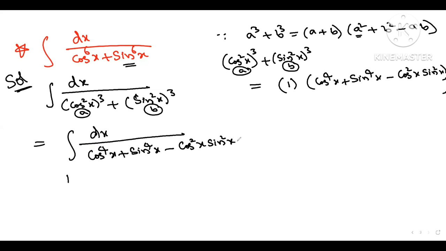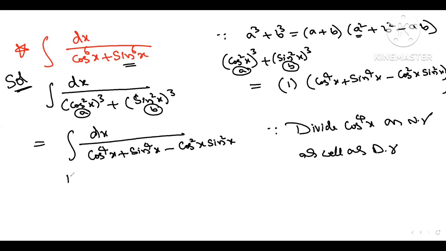Okay, this kind of problems, we should divide by cos to the power 4x or sin to the power 4x on numerator as well as denominator. Divide cos to the power 4x or sin to the power 4 on numerator as well as denominator.